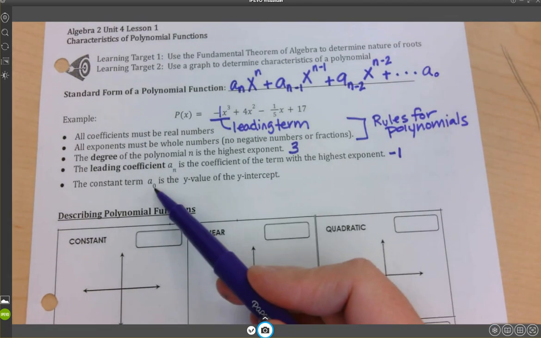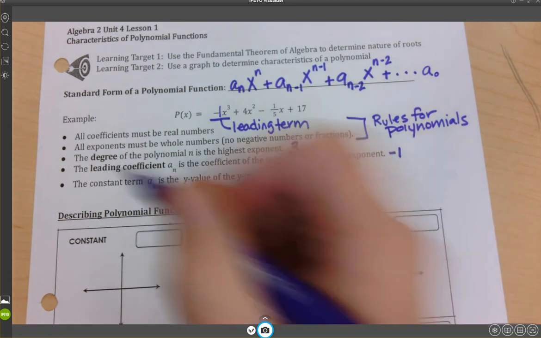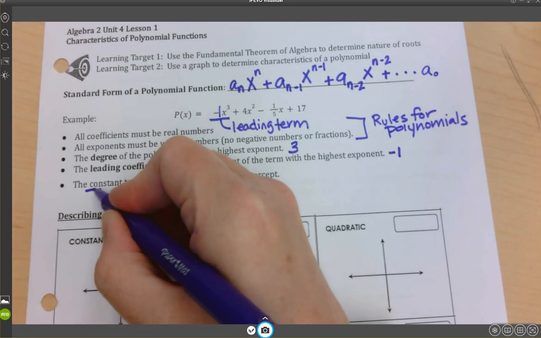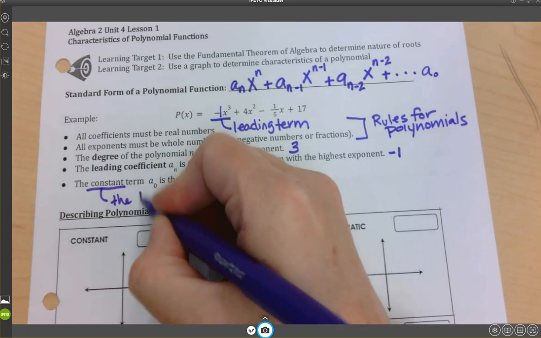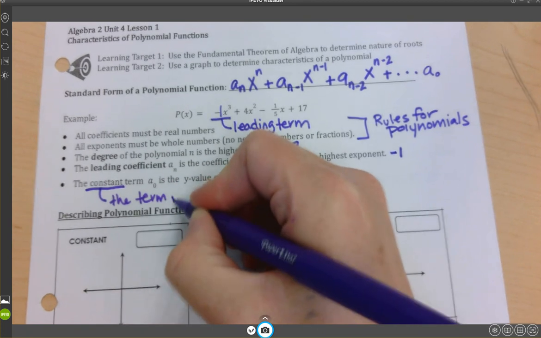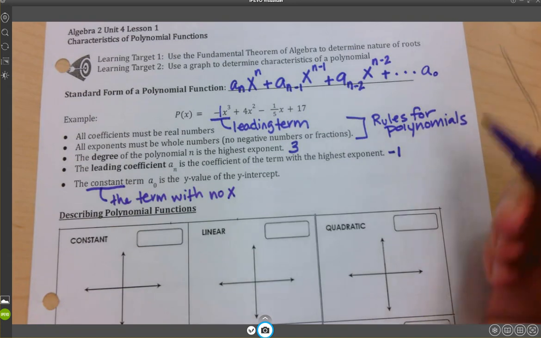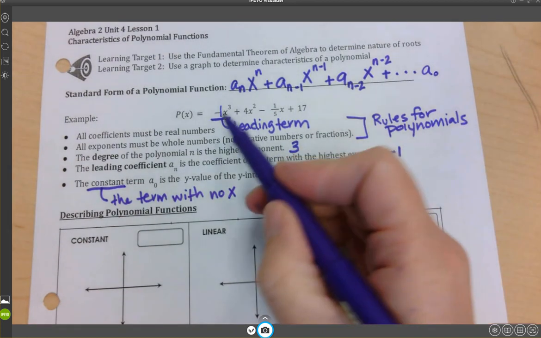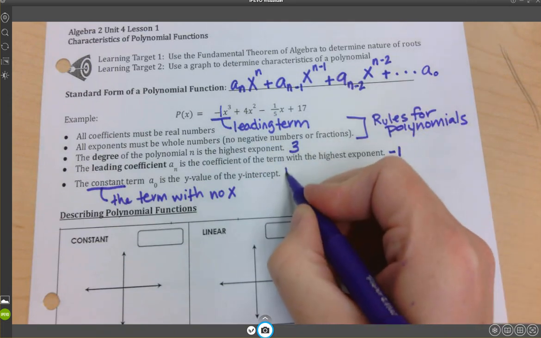The constant is the y value of the y-intercept, and the constant is the term with no x. All right, so think to yourself, what would be the constant in this polynomial? And hopefully you said 17.